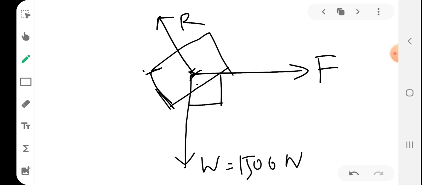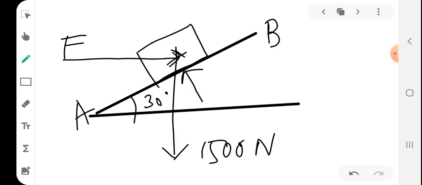And this particular angle, I will mark it with another color so it will be more understandable. So this is 90 degrees.